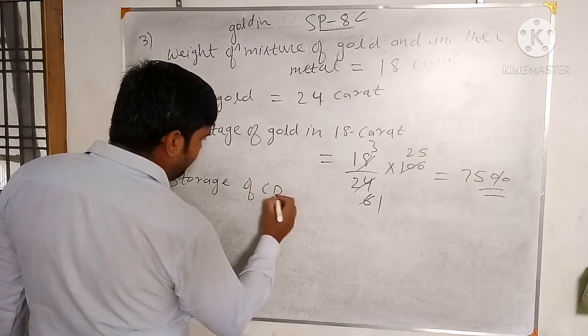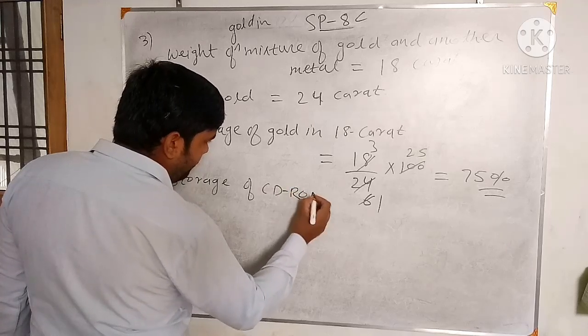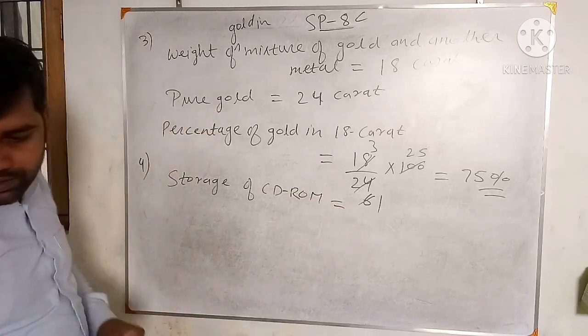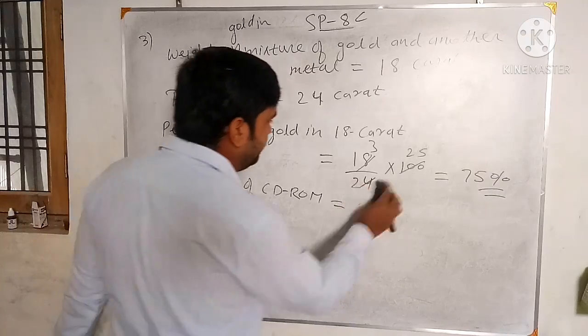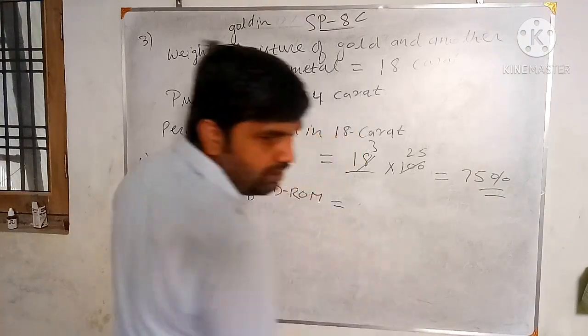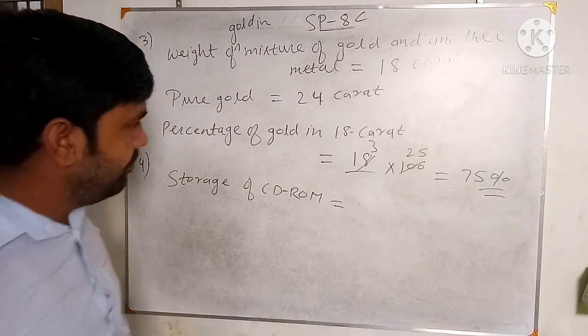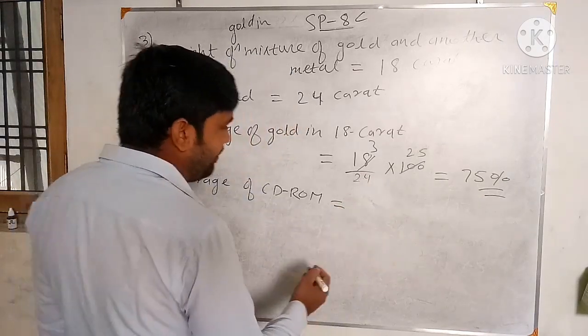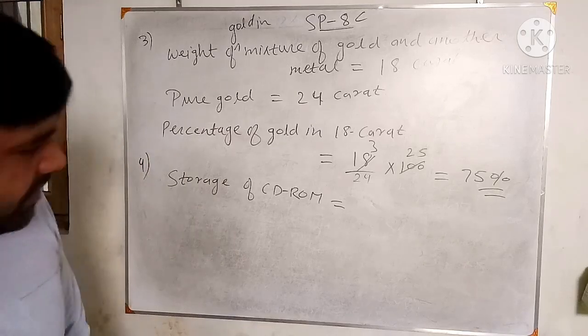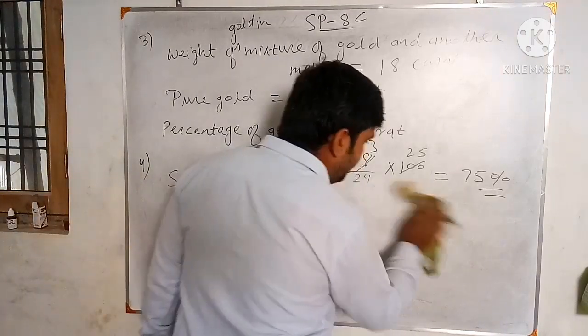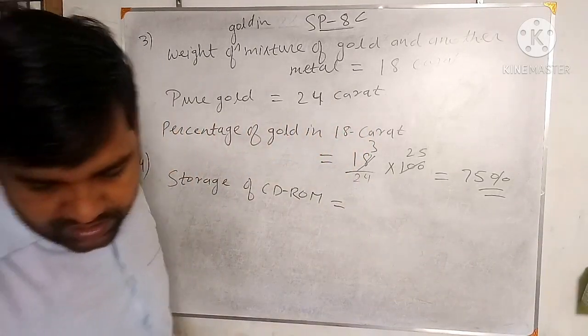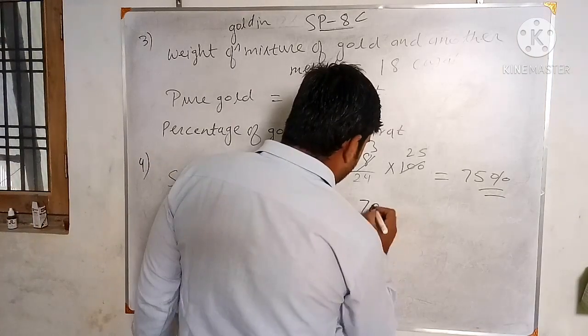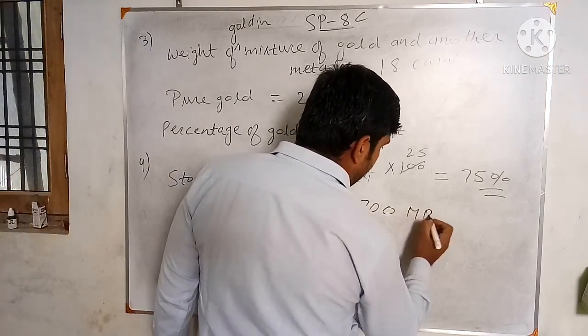So what is the storage of CD-ROM? What is given? Storage of CD-ROM equals 700 megabytes. 700 MB. MB means megabyte.